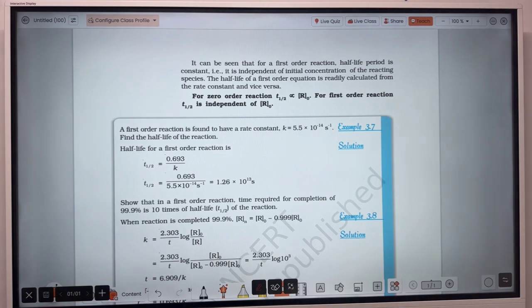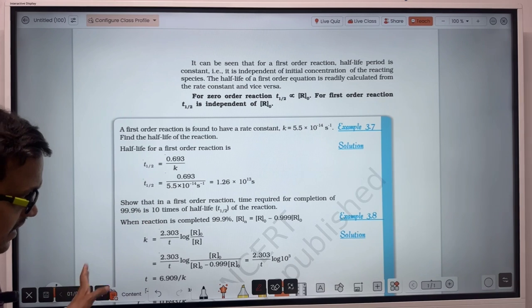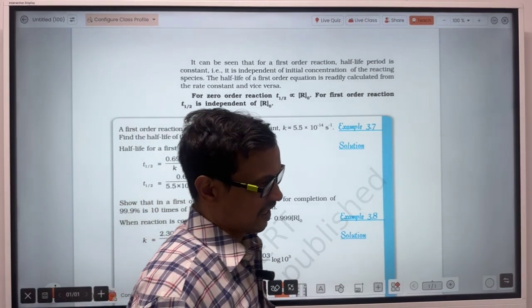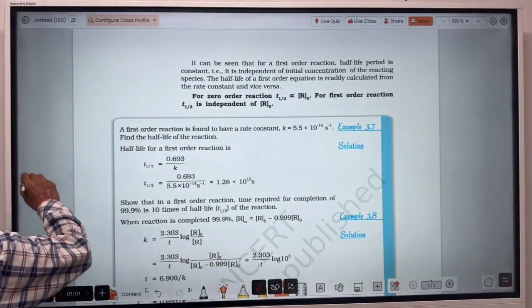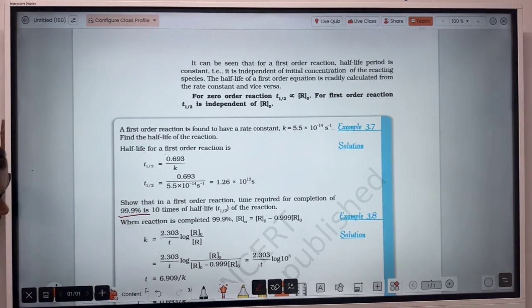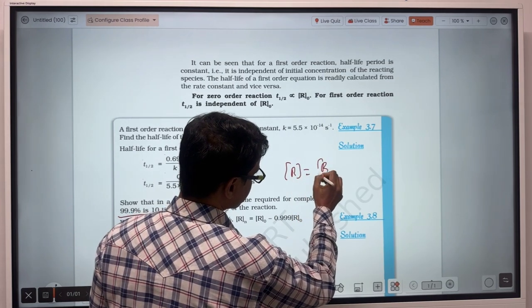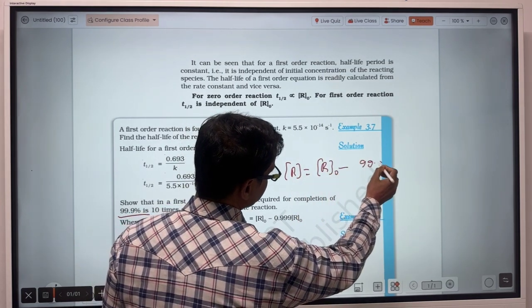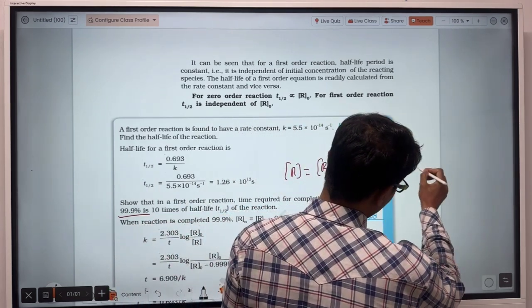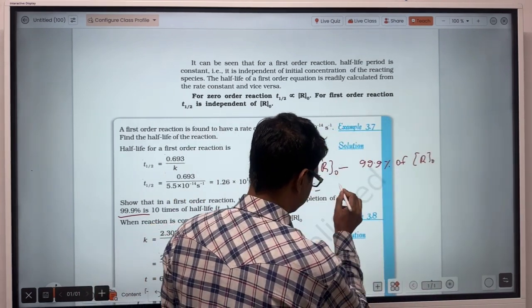The question is: you have to show that the time for 99.9% completion of the reaction is 10 times the half-life period. Let's see how to solve. What's the meaning here? 99.9% has been consumed. So the concentration of reactant will be equal to the initial concentration of reactant minus 99.9% of the initial concentration.